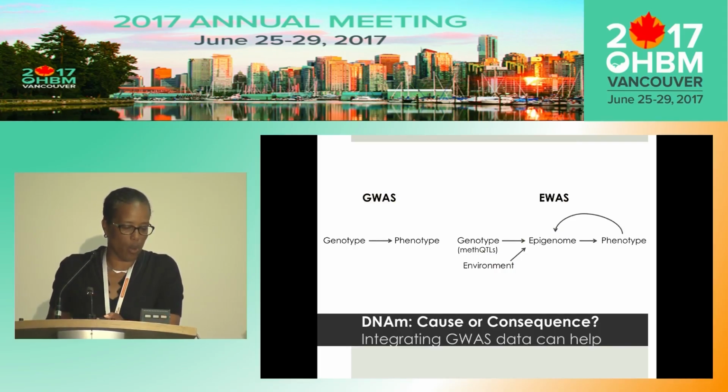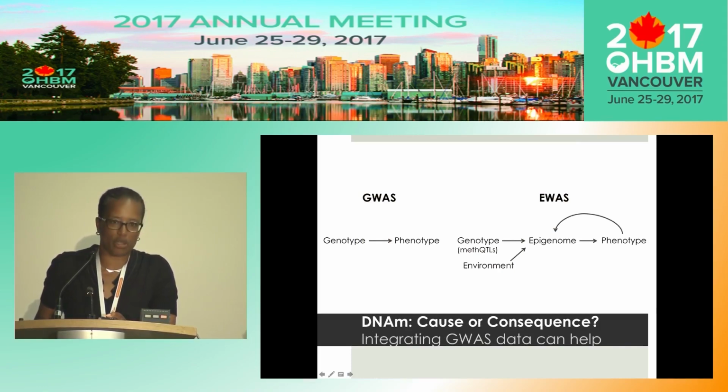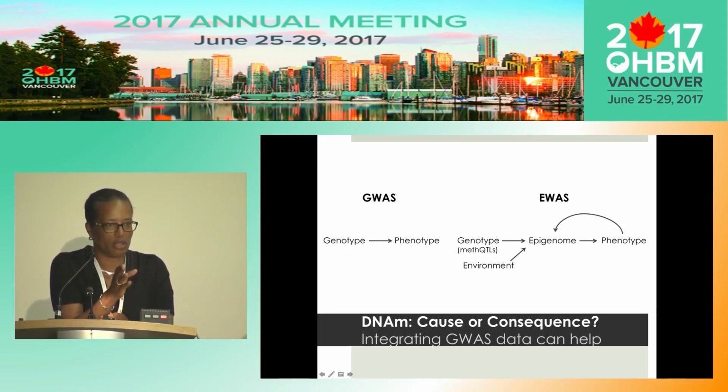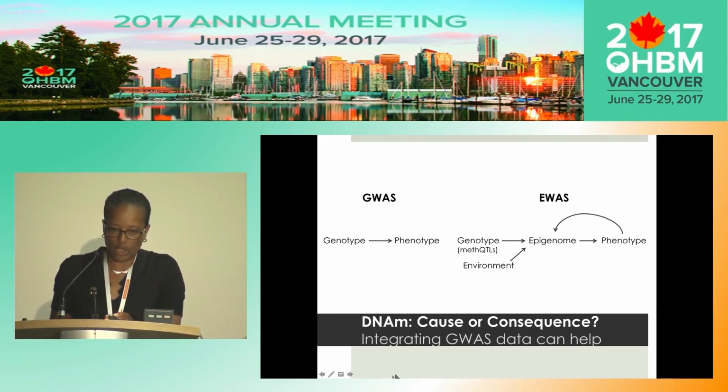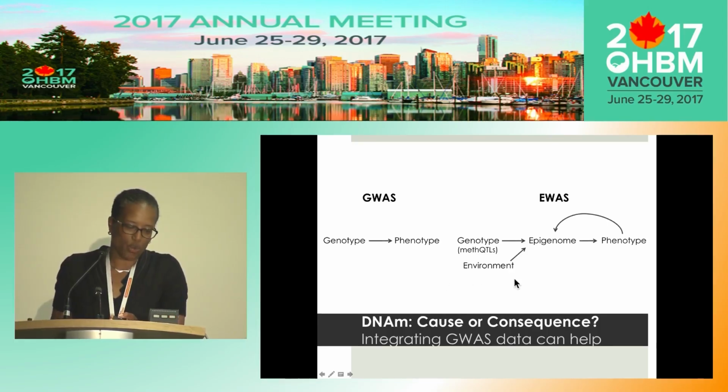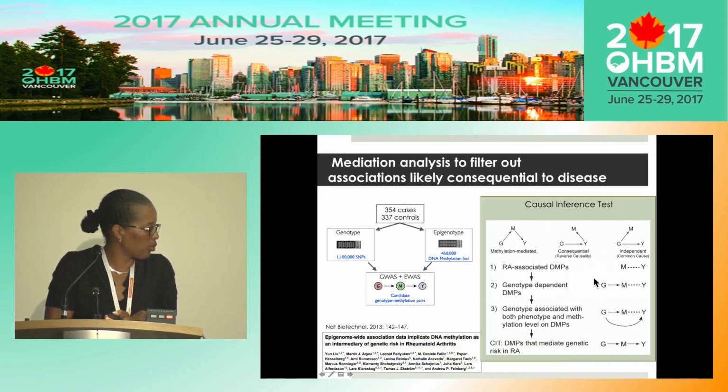Another way is to integrate genetic information, so GWAS information, into your EWAS, because with GWAS you can say that your genotype predicts your phenotype. Your change in genotype is causing the phenotype, something that you cannot extrapolate to DNA methylation. So you try to integrate a genotype that can affect your DNA methylation status. These are called methylQTL, and you see whether those genetic variants also affect your phenotype, trying to generalize causality.